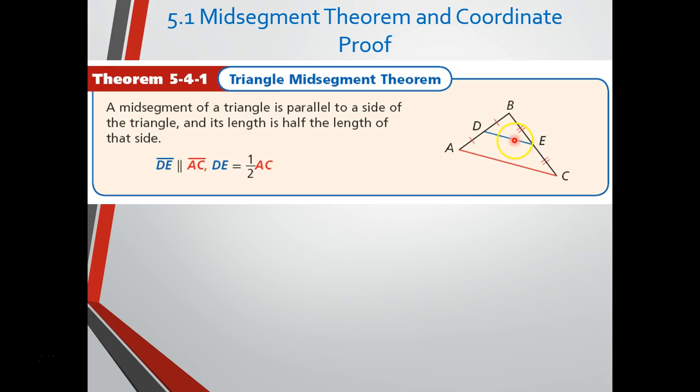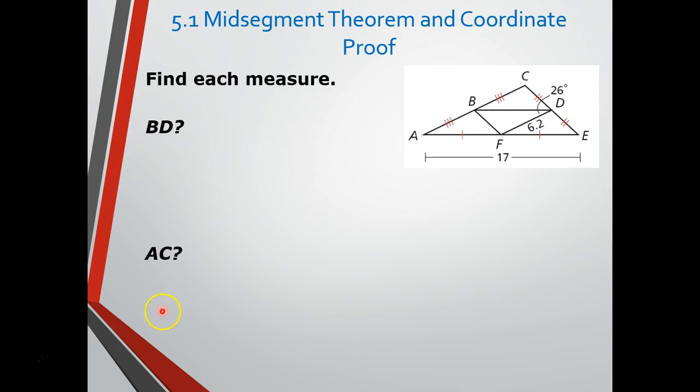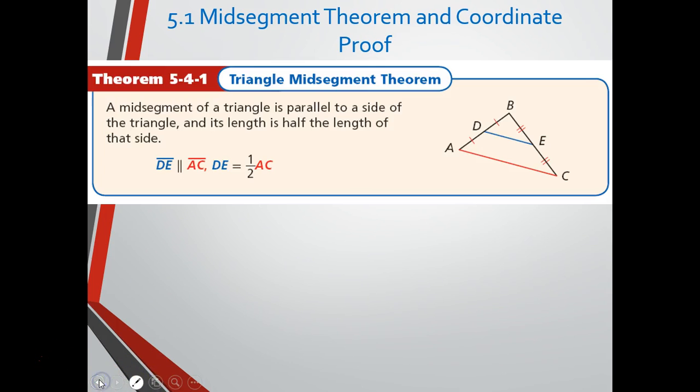And a property about that is that DE is going to be half the length of AC. And that is what we see right here in our property. We have DE is equal to 1/2 of AC. So 1/2 times AC, or you can say AC divided by 2. Means the same thing. Multiplying by 1/2 and dividing by 2 are the same thing in math.